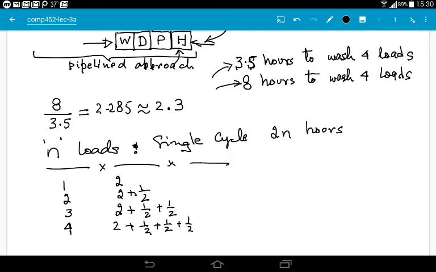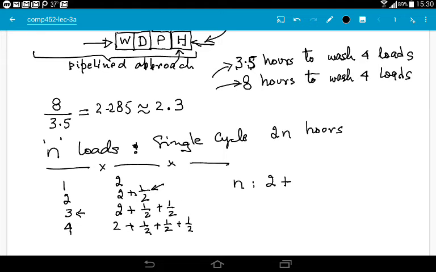Now you tell me what will be the equation for n loads. When n is 2, you have one 1/2 here. When n is 3, you have two 1/2s.